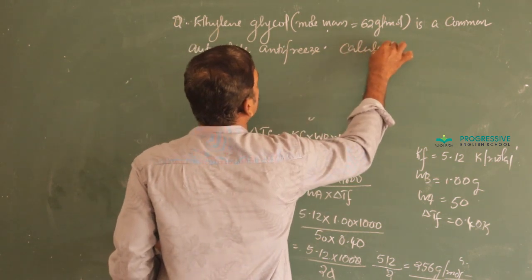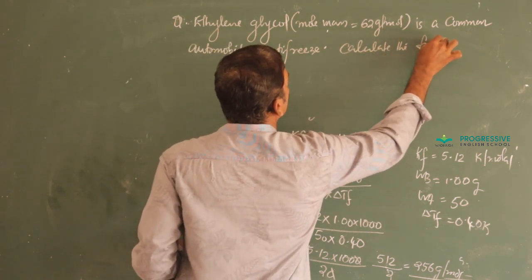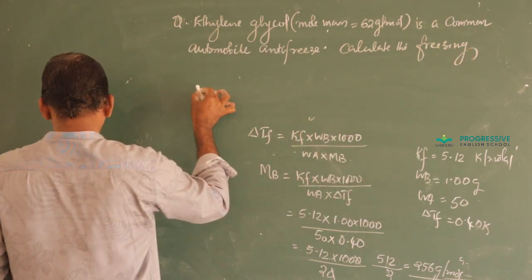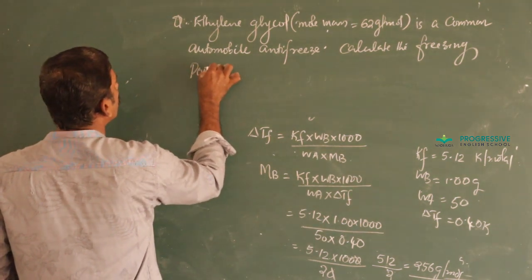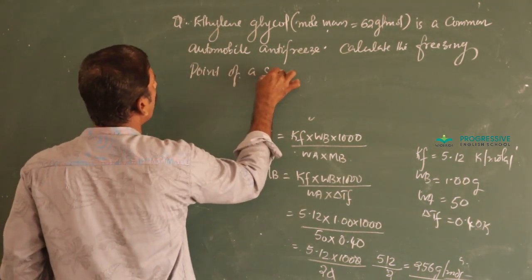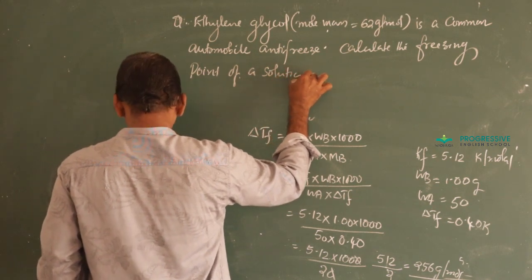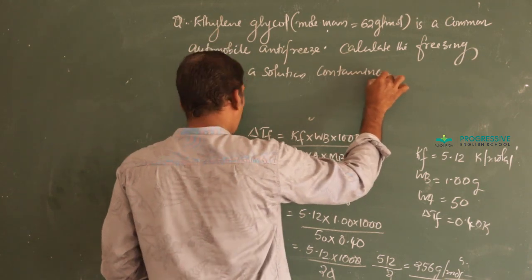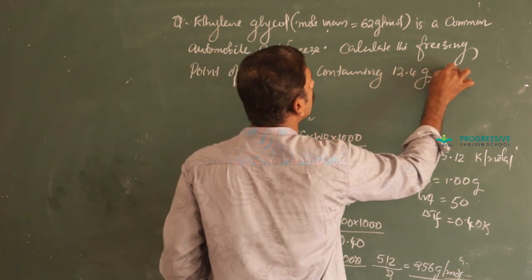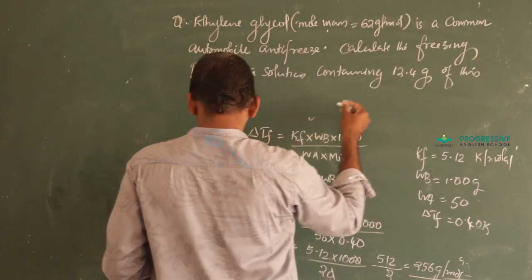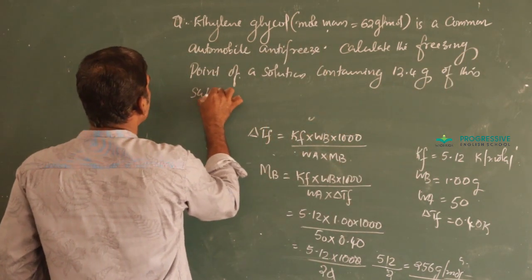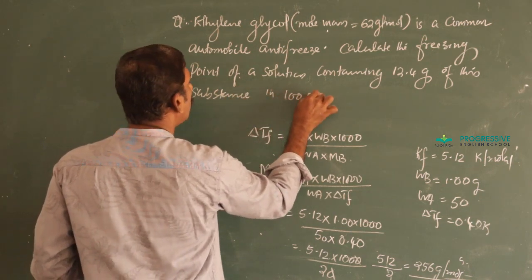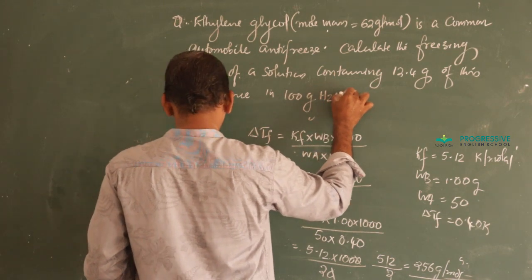Calculate the freezing point of a solution containing 12.4 gram of this substance in 100 gram of water.